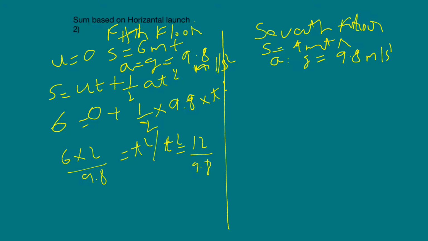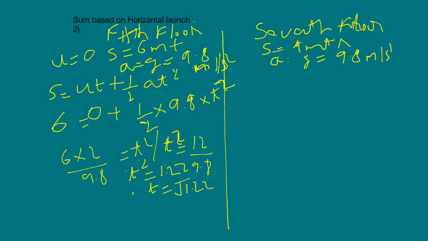We will use the calculator to solve. Here I am getting t square, 12 upon 9.8, value as 1.22. So t equals under root of 1.22.